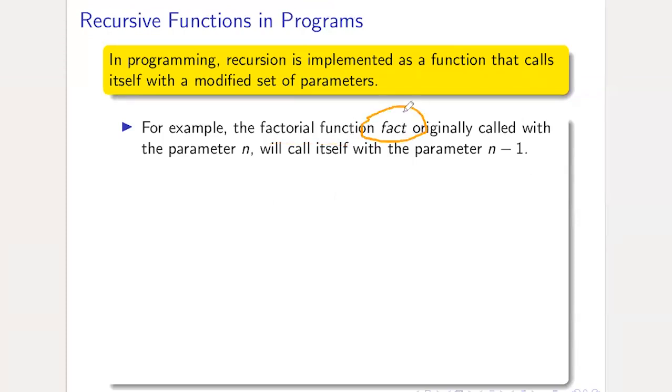Okay, so we can call that function originally with an argument or a parameter called n. Then within that, we can call the same function. So the function will call itself. Okay, function will call itself with the parameter n minus 1.